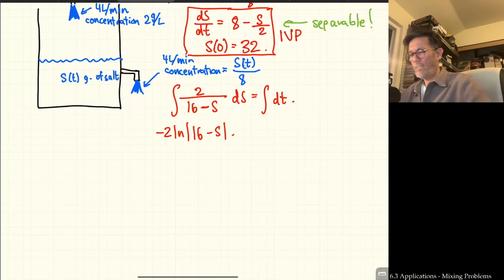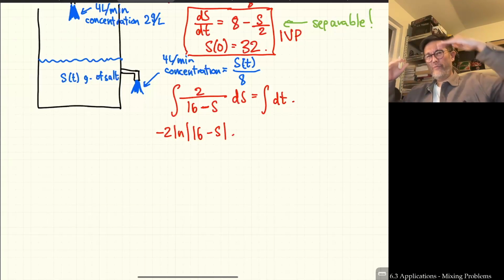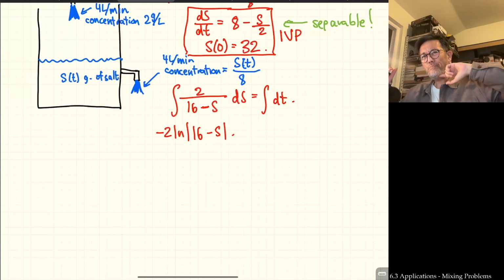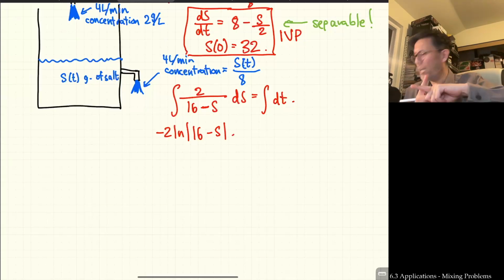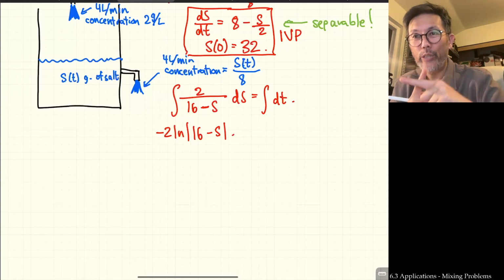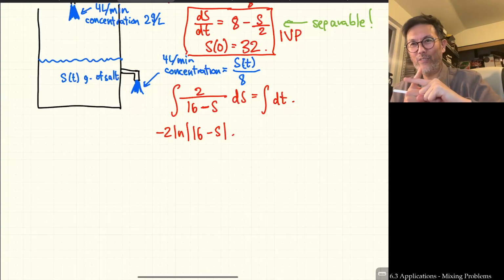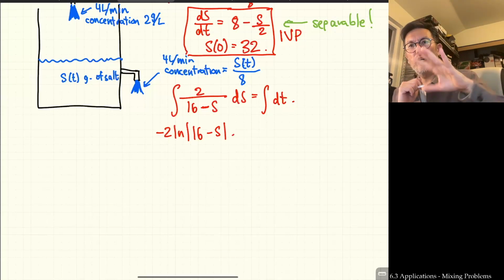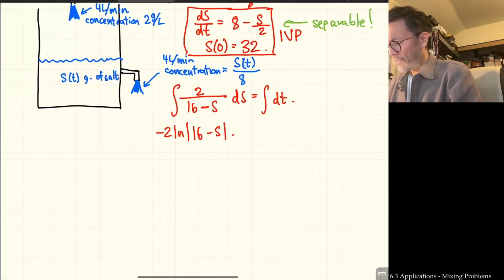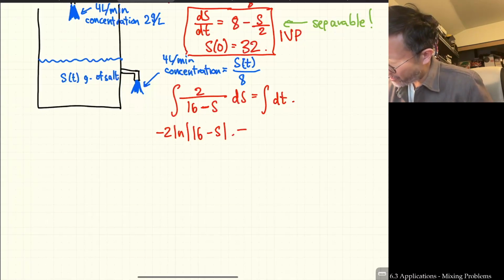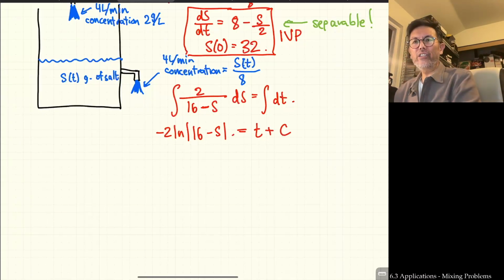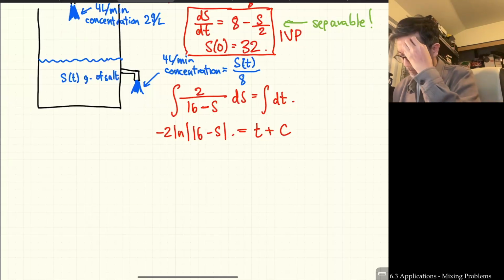So this is -2 divided by 16 minus s. But then we have another negative sign because of the chain rule, and the negative signs get married because a negative times a negative is positive. And so we have this here. Yeah, this is right. And this is equal to t plus c. If you don't believe me, do use substitution, okay?